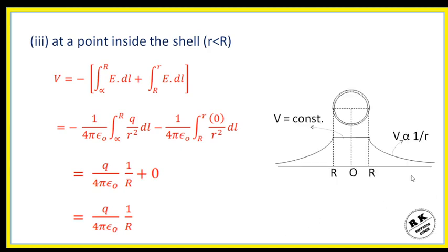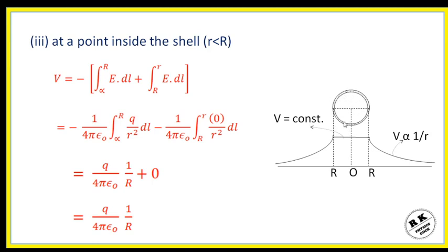If we look at the potential graph, it will be like this. Let us assume that this is a shell of radius capital R. Outside the shell, the potential is inversely varying with the distance or with the radius. But inside the shell, the potential is constant, which is equal to the potential present on the surface of the shell.